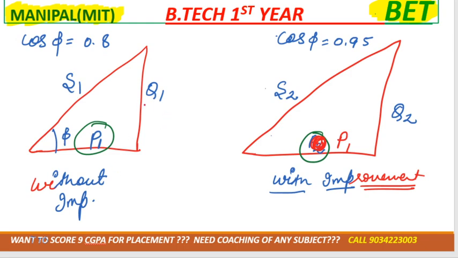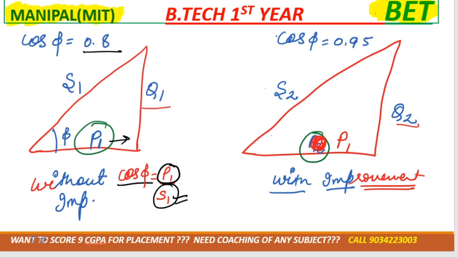तो व्हाट दे विल आस्क यू जनरली Q1 एंड Q2. तो cos phi का फॉर्मूला इज P1 by S1 है ना. इफ यू नो cos phi, इफ यू नो P1, कैन यू गेट S1? cos phi 0.8, P1 दिया होगा, मे बी डायरेक्टली दे देंगे वो, मे बी इनडायरेक्टली दे देंगे वोल्टेज करंट की फॉर्म में. तो कैन यू गेट S1, ये बताओ. एंड इफ यू नो P1, इफ यू नो S1, कैन यू गेट Q1?